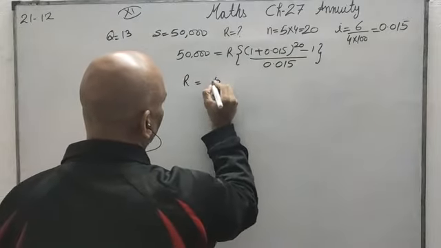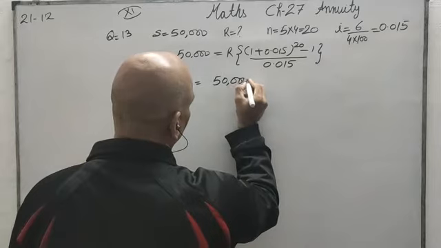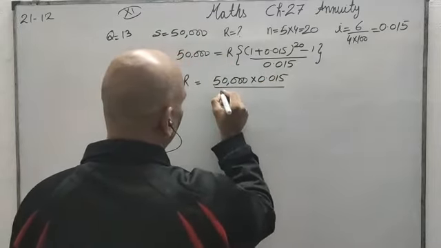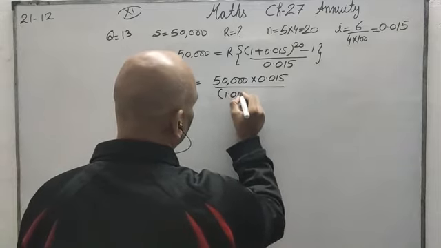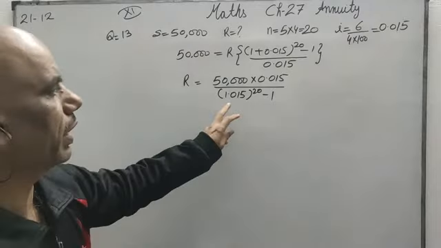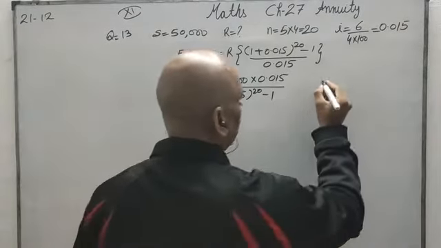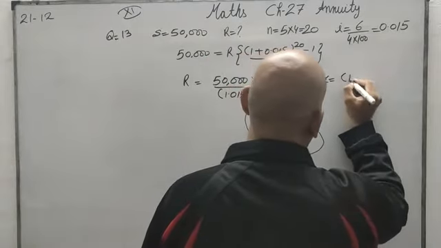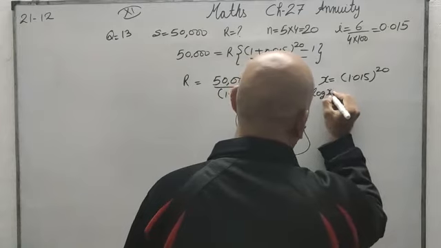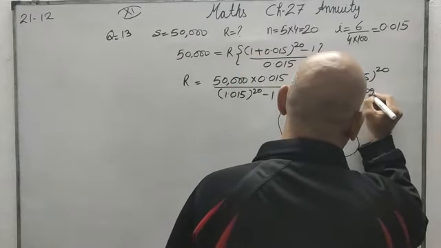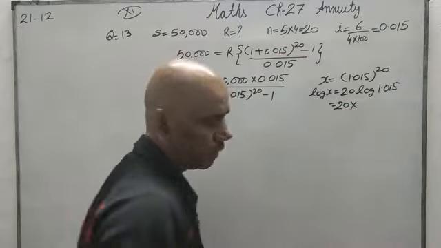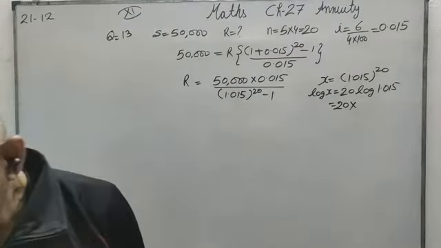So to find R, 50,000 into 0.015 upon 1.015 to the power 20 minus 1. Once again we will have to calculate the value of this from log. X is equal to 1.015 to the power 20. Log x is equal to 20 log 1.015. 20 into what is the value of log 1.015?